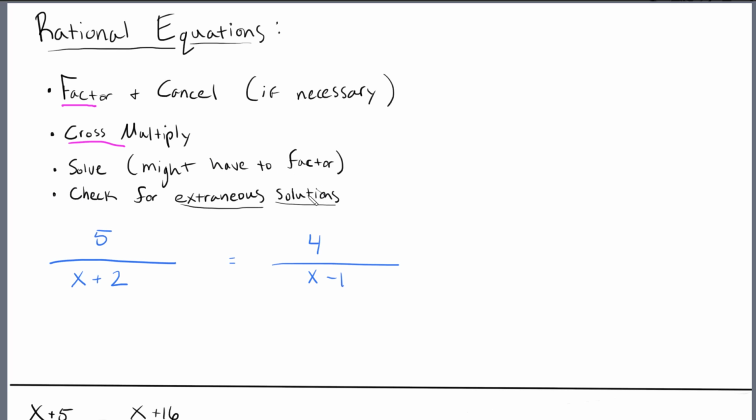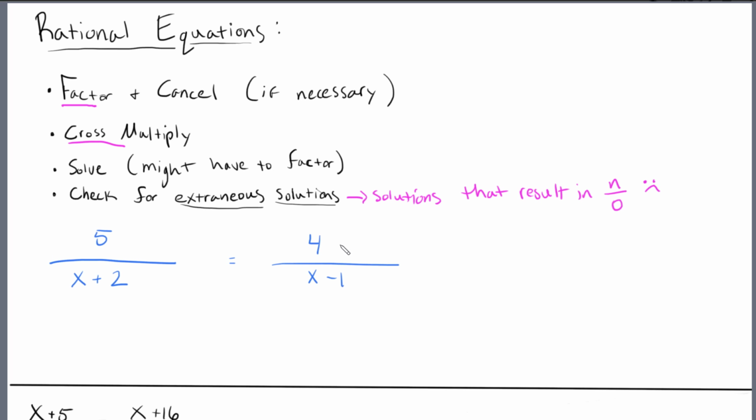Sometimes you might have multiple solutions because we'll end up with some quadratics. And we always want to check for extraneous solutions. Those are solutions that don't actually work. They result in division by 0, so some number over 0, which is a big no-no.